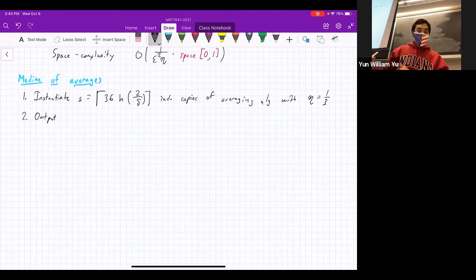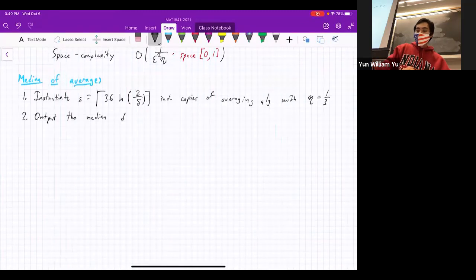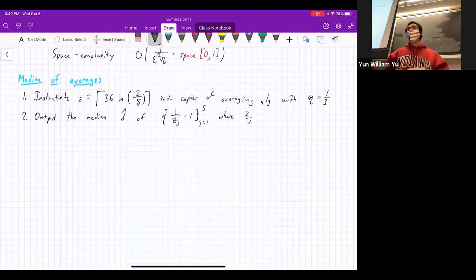This will become a little bit more clear when I make the claim. What we're going to do is output the median, d hat, of all of these estimators for j equal 1 to s, where instead of our zj being the output of our ISA, it's now the jth output of the averaging algorithm, which we're now running a bunch of independent times.